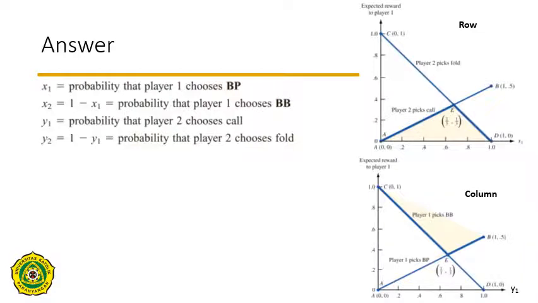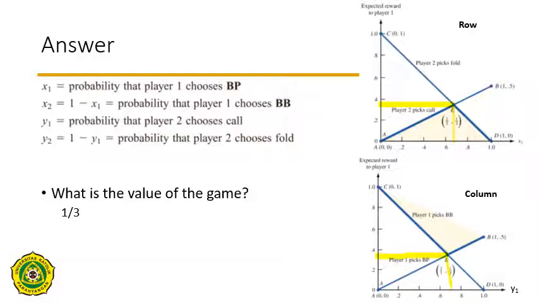So the value of this game is 1/3. Because if both players play the optimal randomized strategy, which means x1 equals 2/3 and y1 equals 2/3, then the expected reward for player 1 is 1/3.